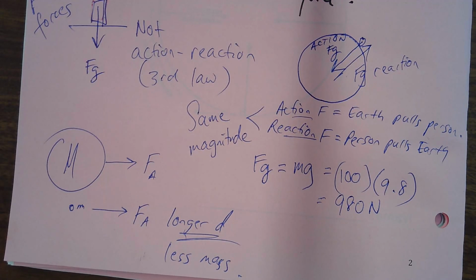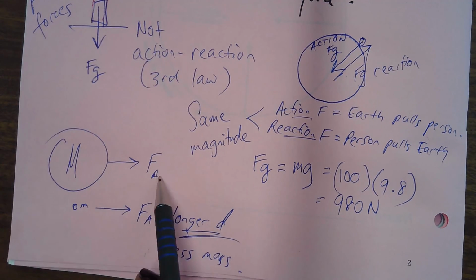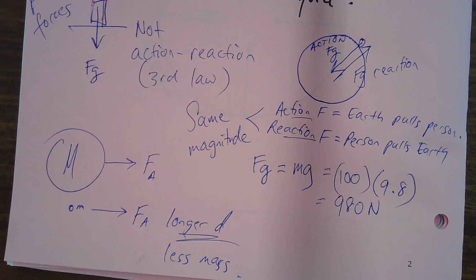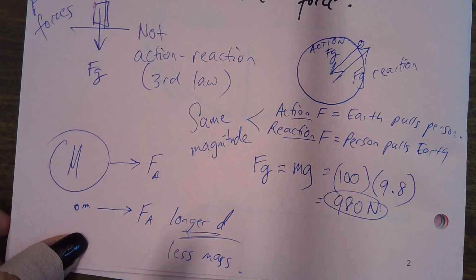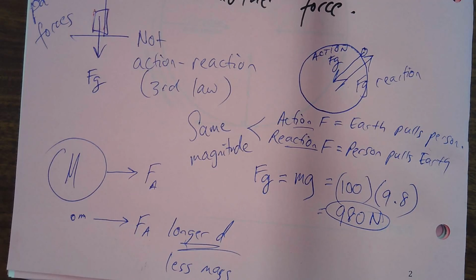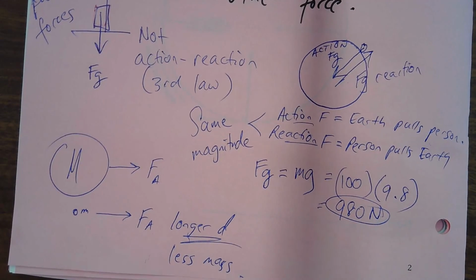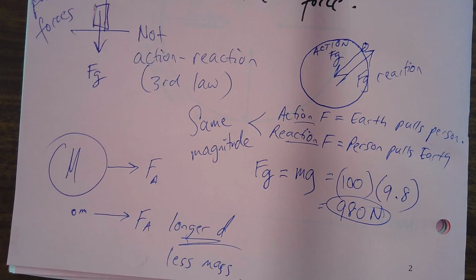So of course you're going to fly so much farther because your acceleration is so much greater, even though the amount of force is the same. You are being pulled by the earth as much as you are pulling the earth towards you with the same amount of force, except that you're going to move a lot faster with a lot longer distance. So it appears that you're the only one falling, but the earth is also falling to you.